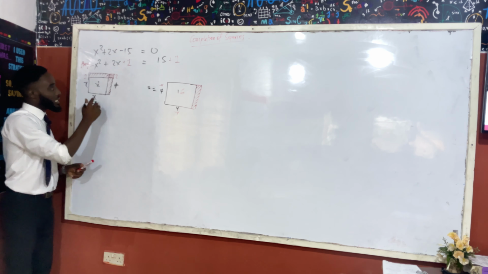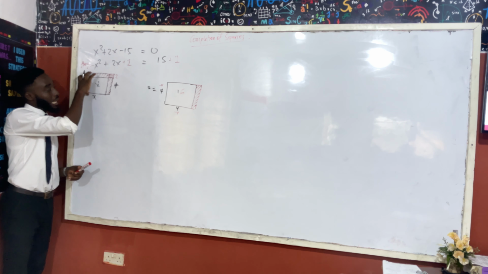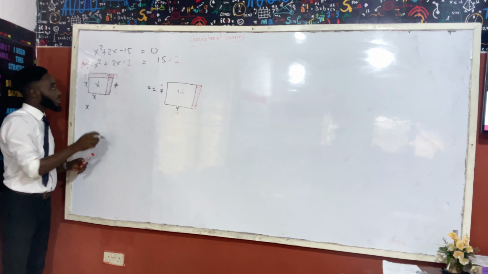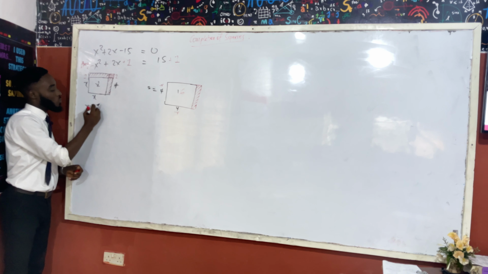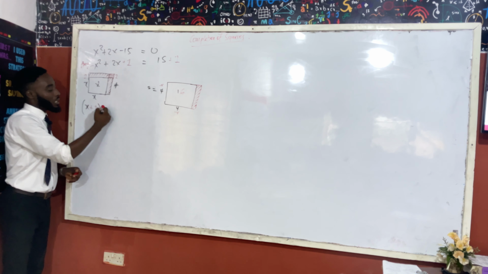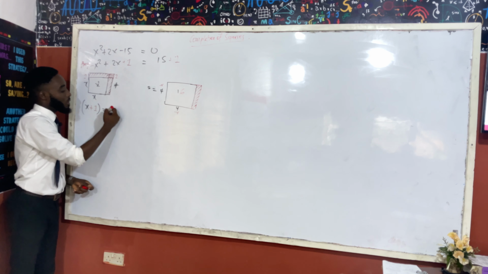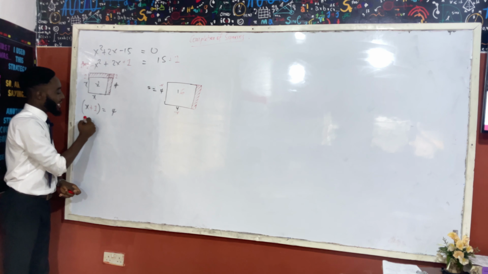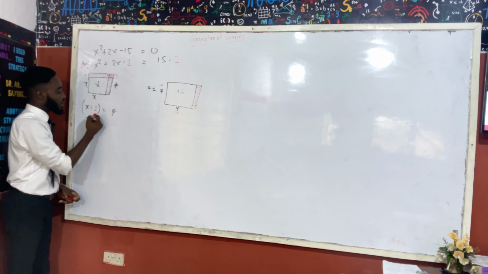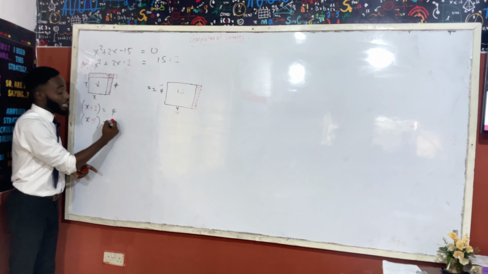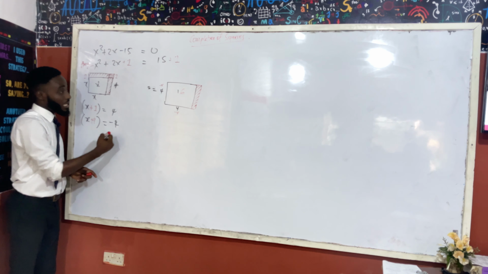So having done that, if these two sides are the same, then x plus 1 can be equal to what? 4. Or x plus 1 can be equal to negative 4.